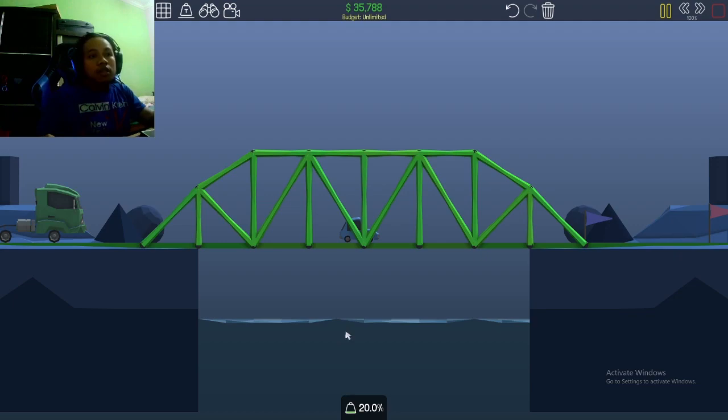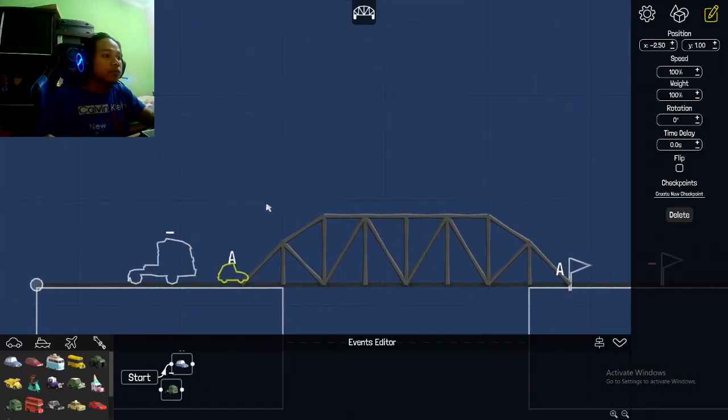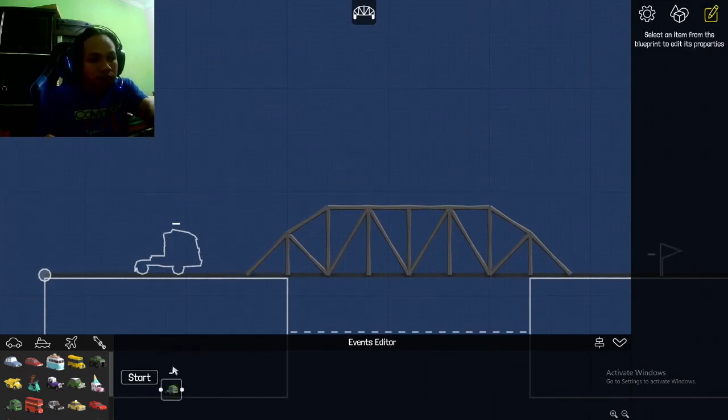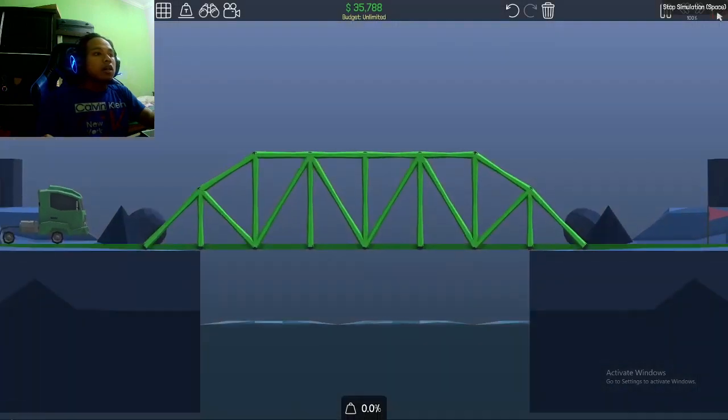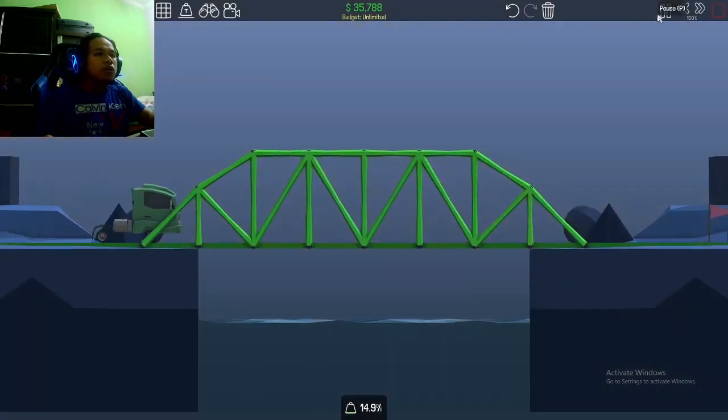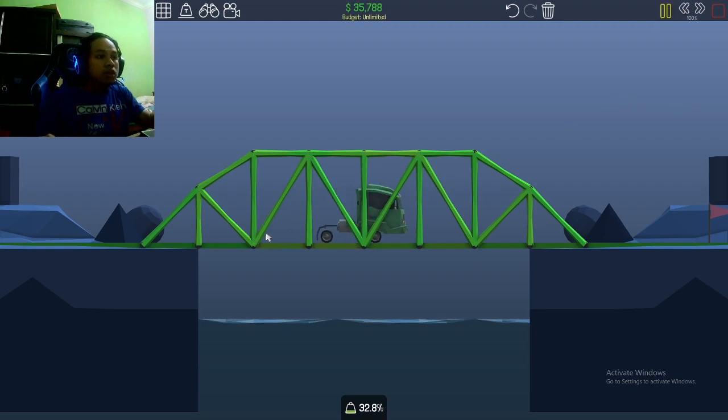Next, let's see the differences between the lorry and the car. The lorry is weighing around 4 tons. Notice that the force exerted on the bridge is 4 members, and the colors of the bridge are way brighter than the colors from the car.